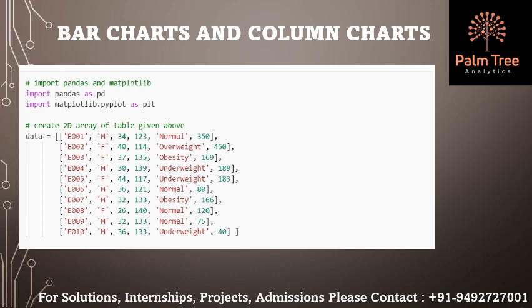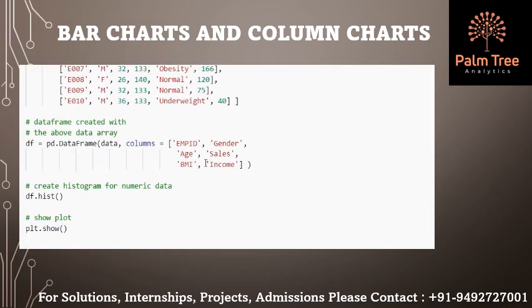Okay, here if you go down, there is EMPID, gender, age, sales, BMI, income, something like that. So now one way of showing the histogram is df.hist, where the pandas data frame holds everything, and it is shown here. So pandas itself has one function to show this.